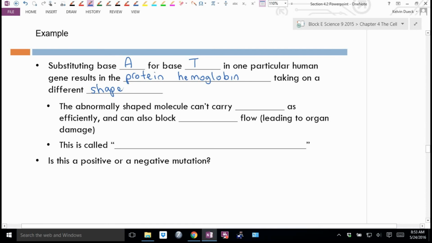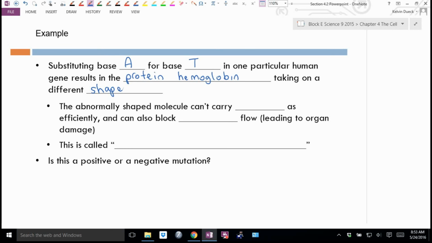Hemoglobin, spelled the way it sounds: Hemo, H-E-M-O, globin, G-L-O-B-I-N. What is hemoglobin? Anybody know? You all have lots of it. It's very important for you. It's the protein that's part of your red blood cells. In fact, when you breathe in, it's the protein that helps carry the oxygen out of your lungs and into the rest of your body to the various cell processes.